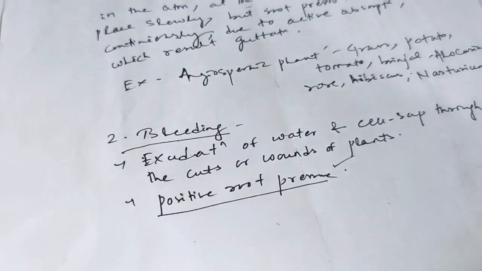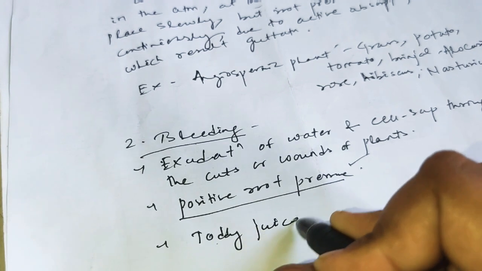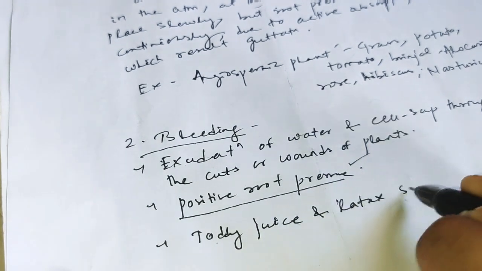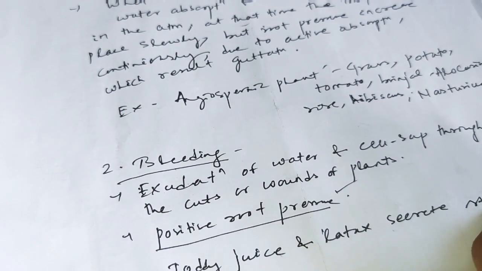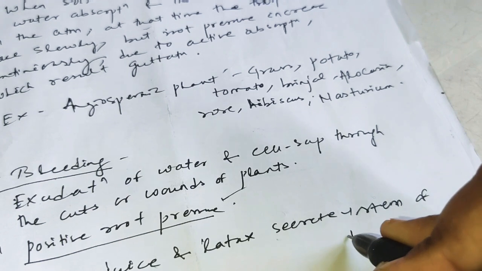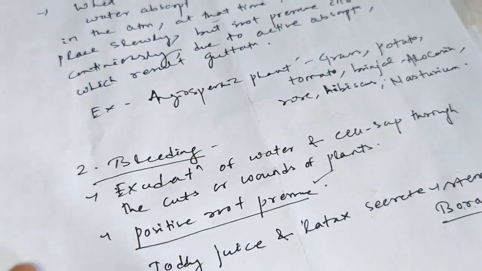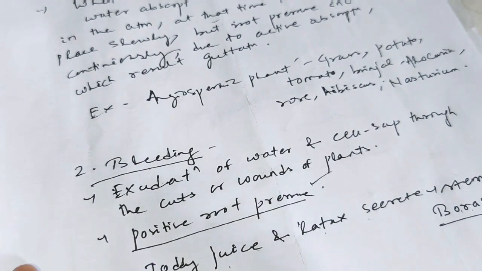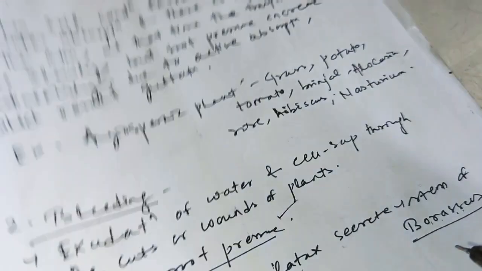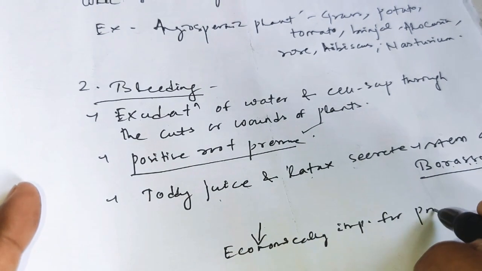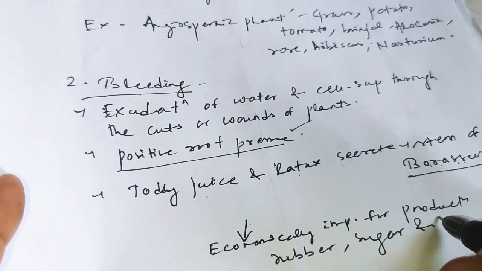And there is secretion of one kind of juice, that is, juice with latex, and latex also secretes. This is mainly seen in the stem of the Borassus plant. So this juice and latex from the stem is economically important for the production of rubber, sugar, and also some alcoholic drinks.